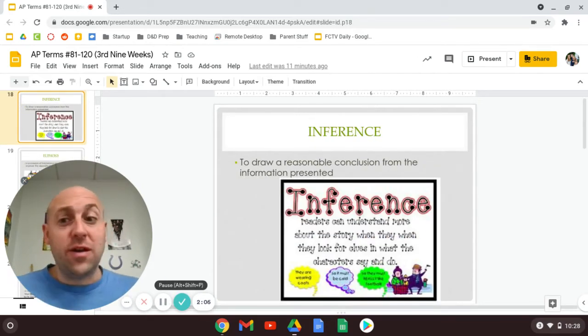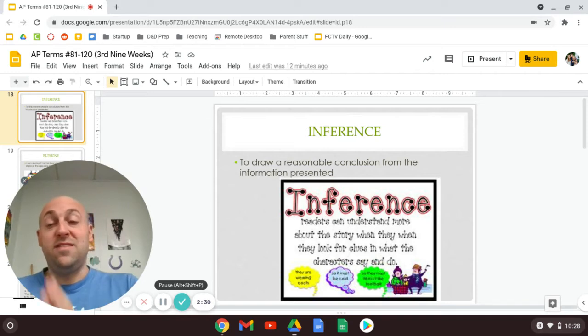This is something you've been doing all your life, actually, drawing inferences. To infer something is to draw a reasonable conclusion from the information presented. Unlike syllogism, which draws a hard conclusion, a fact, right? Inference is making an educated guess at something. So, for example, I walk into the room, I see my son, his frisbee is on the ground.